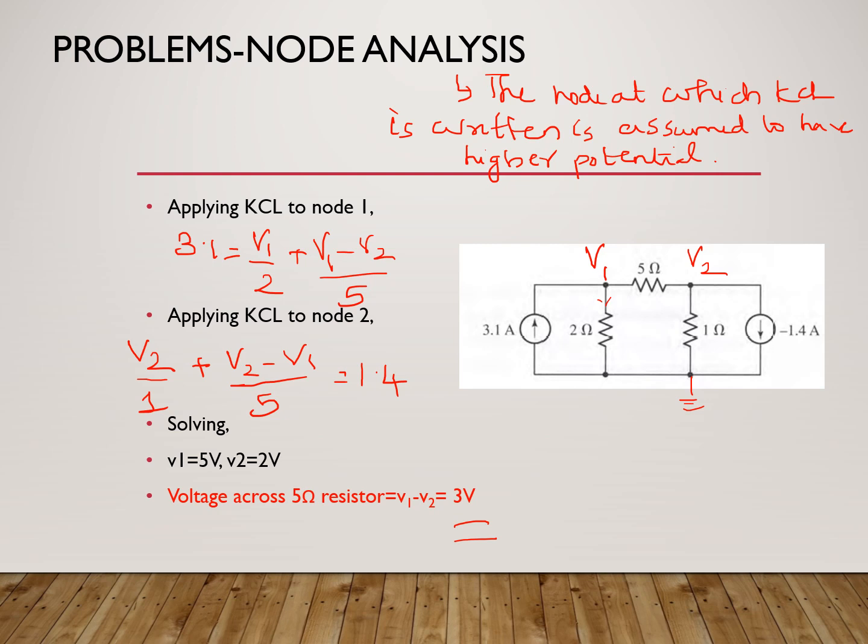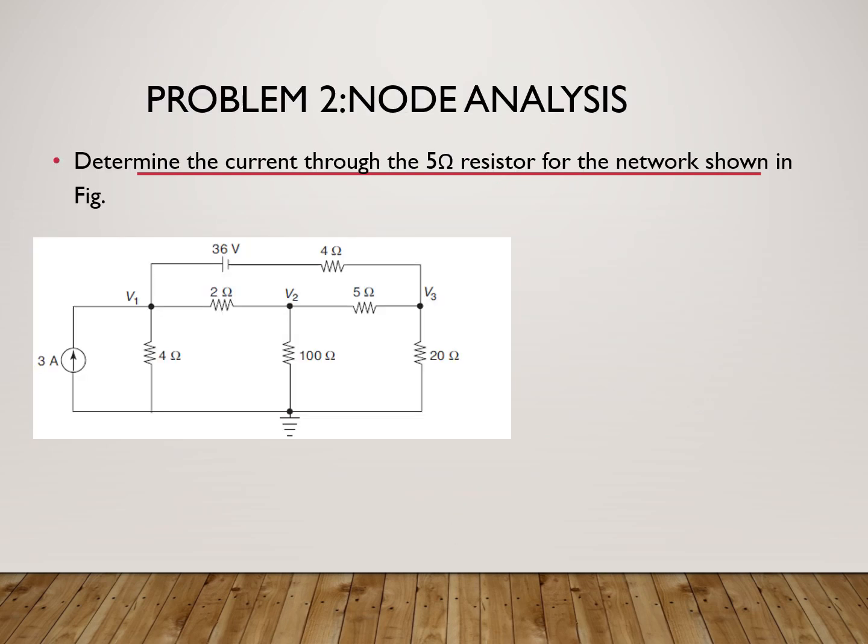Now let's write the equations for this problem. Determine the current through the 5 ohm resistor for the network shown. So this is the 5 ohm resistor, and we are going to solve it. Let's write the current equations by applying node analysis.